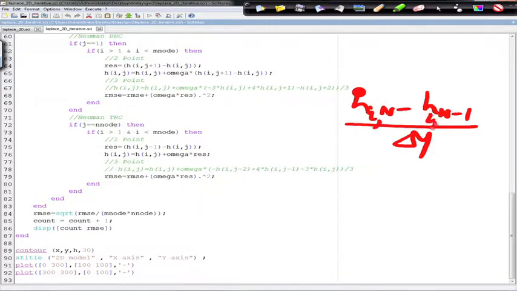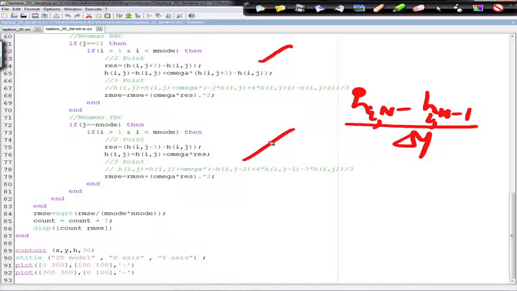So, h_i,n minus 1 we can directly specify this. For top and bottom boundary we can implement this.